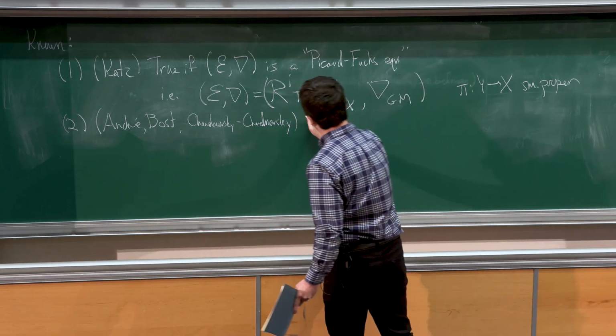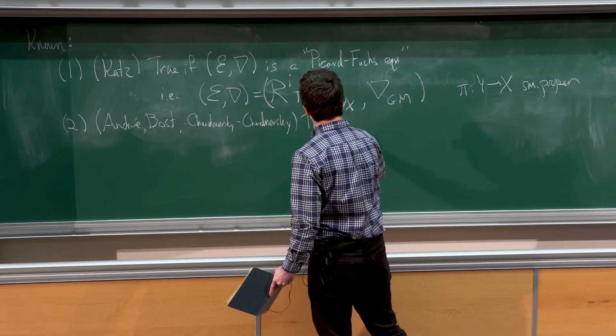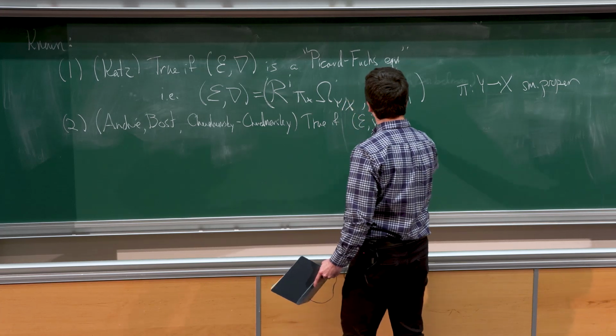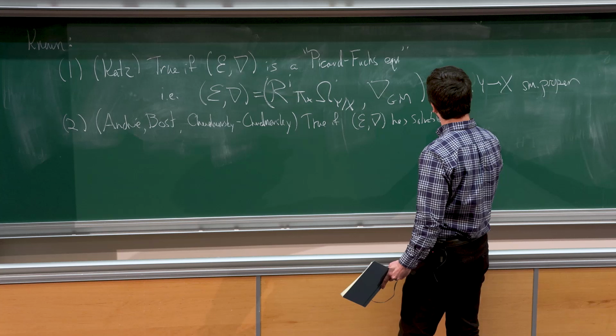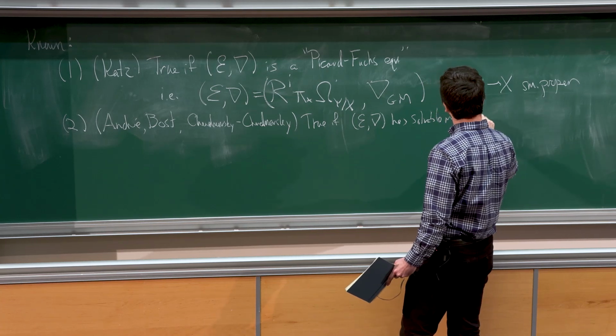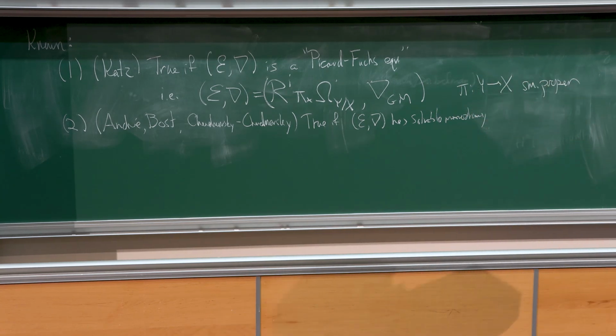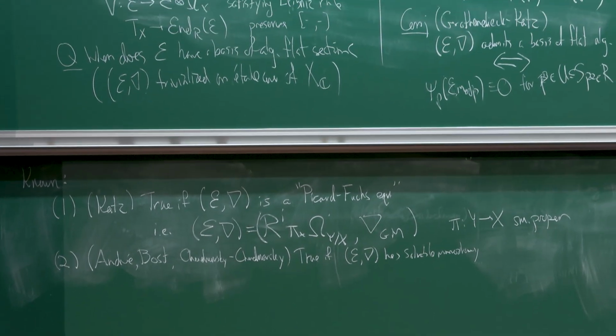Which is that it's true if (E, ∇) has solvable monodromy. So okay, in the original setting, maybe that's the case where A is upper triangular.